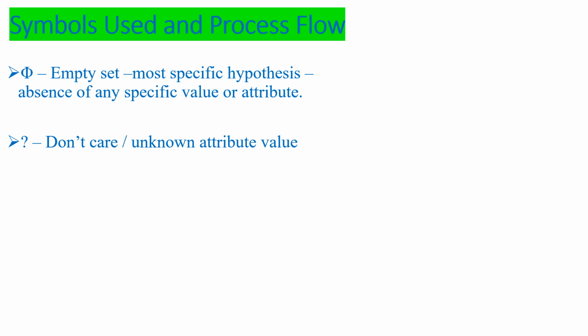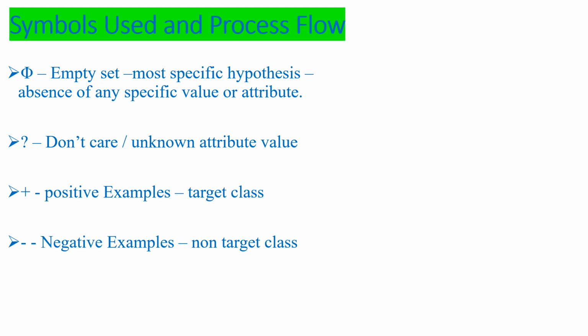So just as we have discussed in the example, the features named texture and color differ. So we don't care about those features, so that will be given as question mark. It is a don't care or unknown attribute value. And we have two different examples here: positive example and negative example.